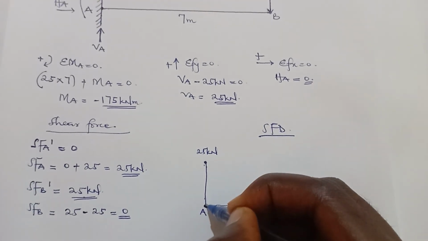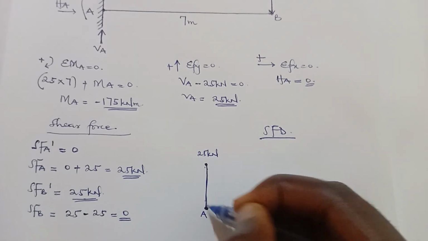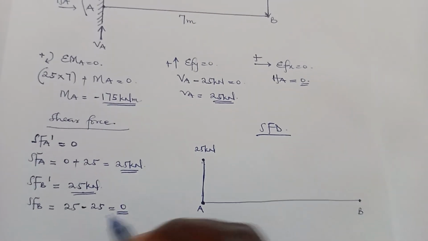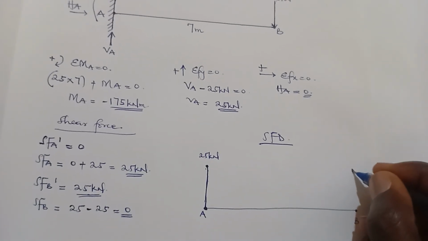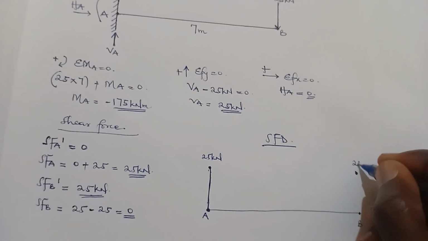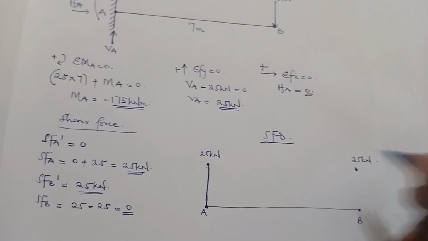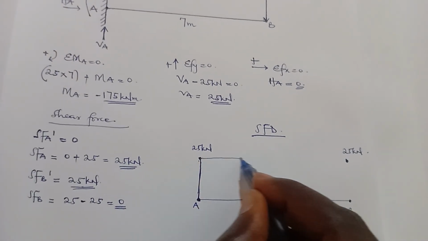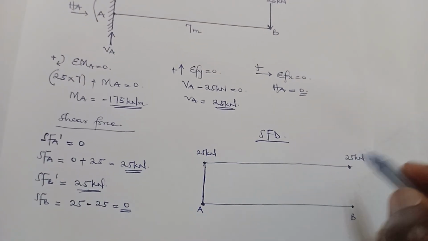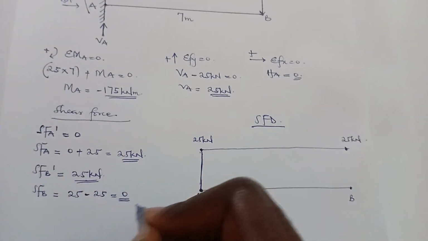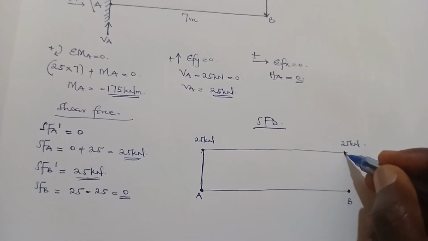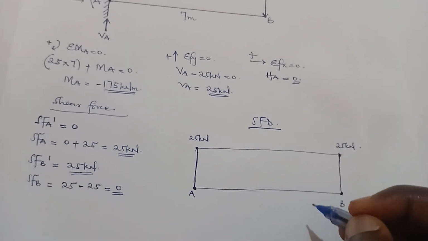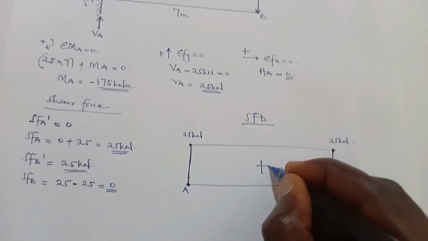And we'll connect the two. Shear force at B prime is 25, so it will be on the same line. So at B, 25. Connect using a straight line. And shear force at B is 0. So we'll move from here to 0. So this is the shear force diagram, and it is all positive.